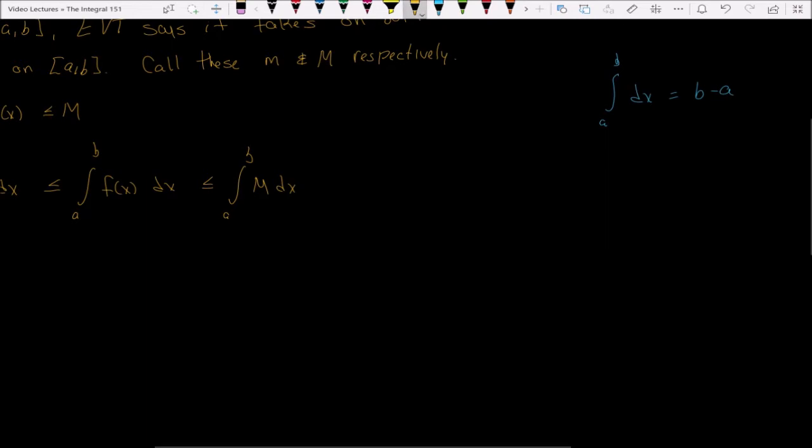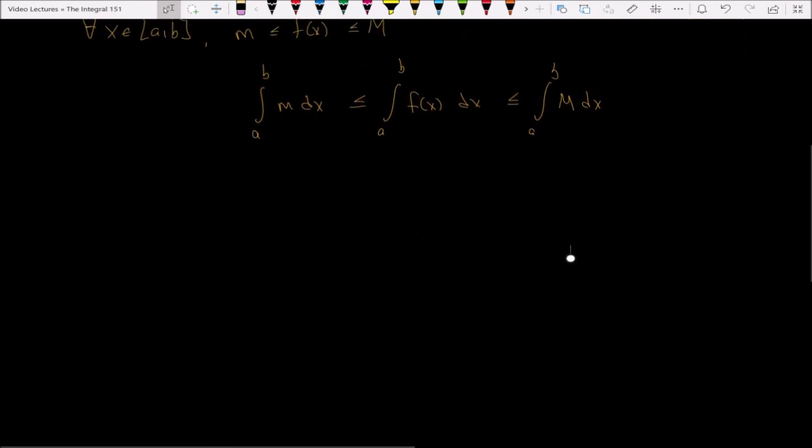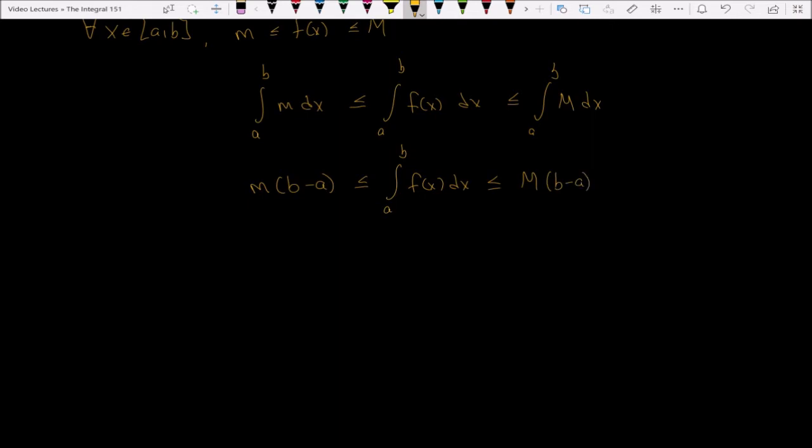That means that this left-handmost integral is m times b minus a, and this right-handmost integral is big M times b minus a.